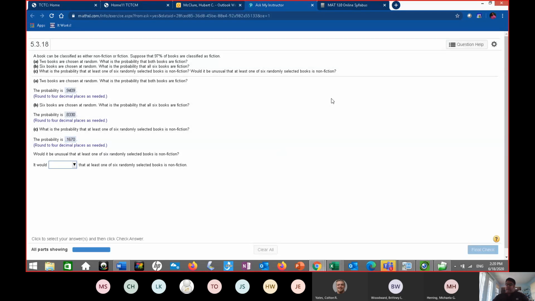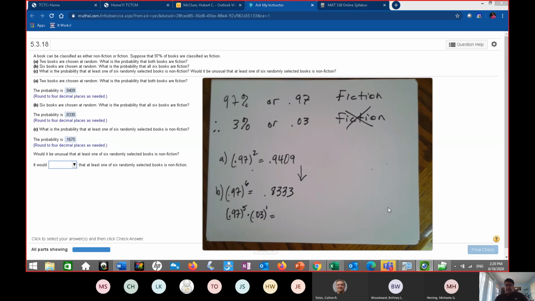Okay. And the way I did it, let me show you. How many books are you going to pick? 6, right? Yes, sir. 5 are going to be fiction, and 1 is going to be what? Nonfiction. What if you pick 7? Then it would be 5 and 2. Okay?